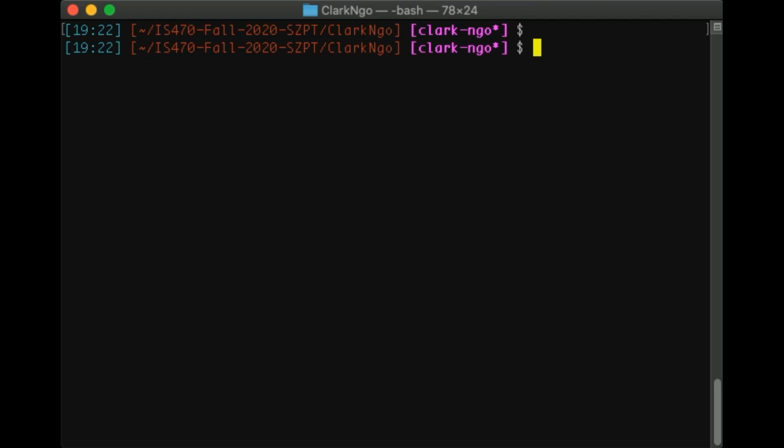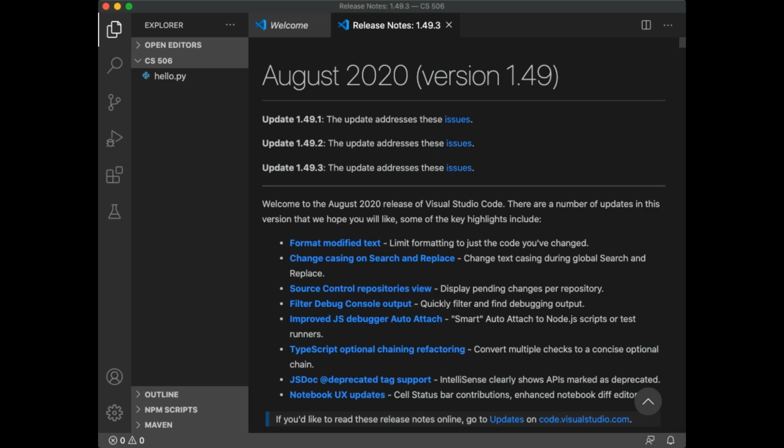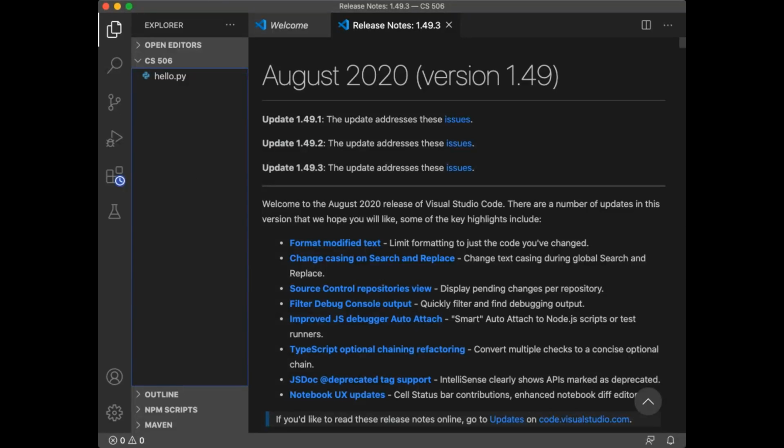Hold on. And then in my VS Code, I would go ahead and open that folder. To open a folder, actually, I should have a menu up there, because I'm just sharing the app. So just go click on the top menu.